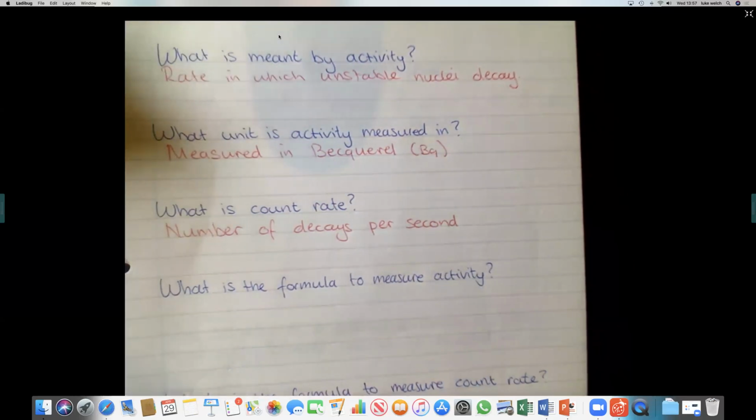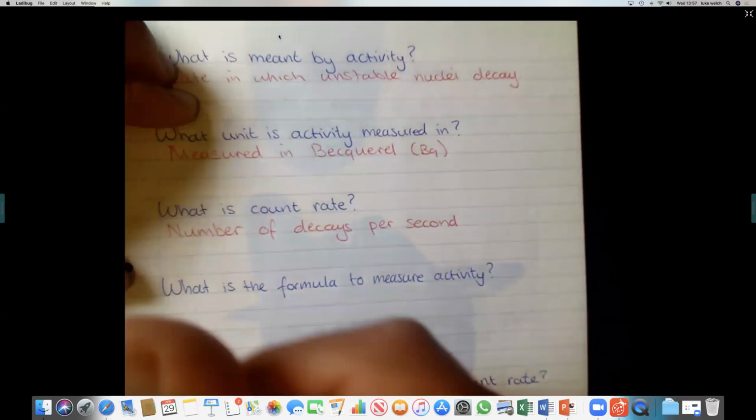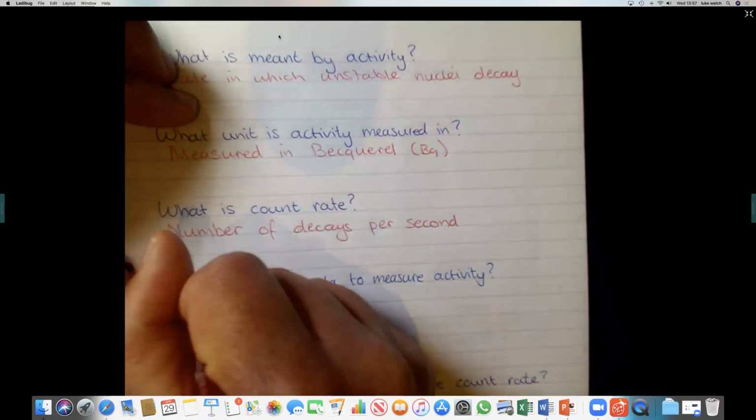Now, as I said before, we can use all this information in order to calculate activity. And we do this by using this equation.